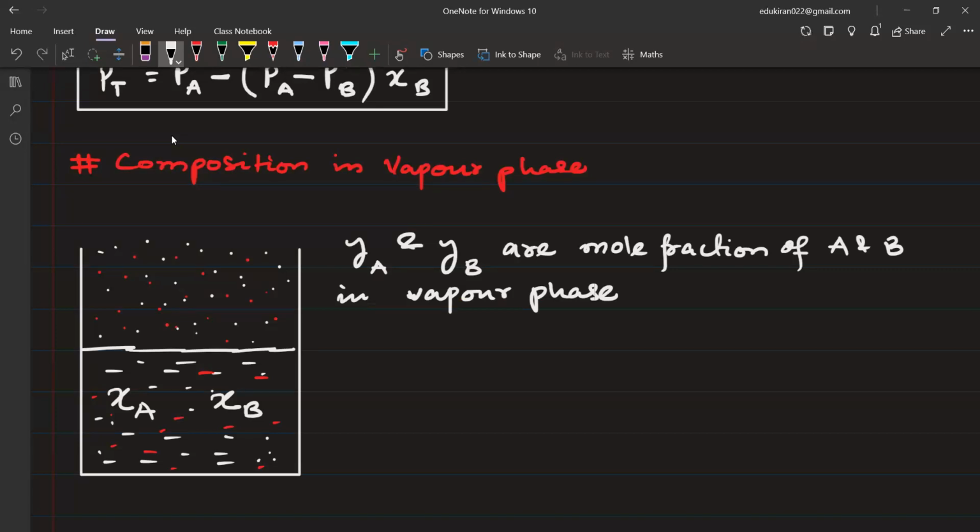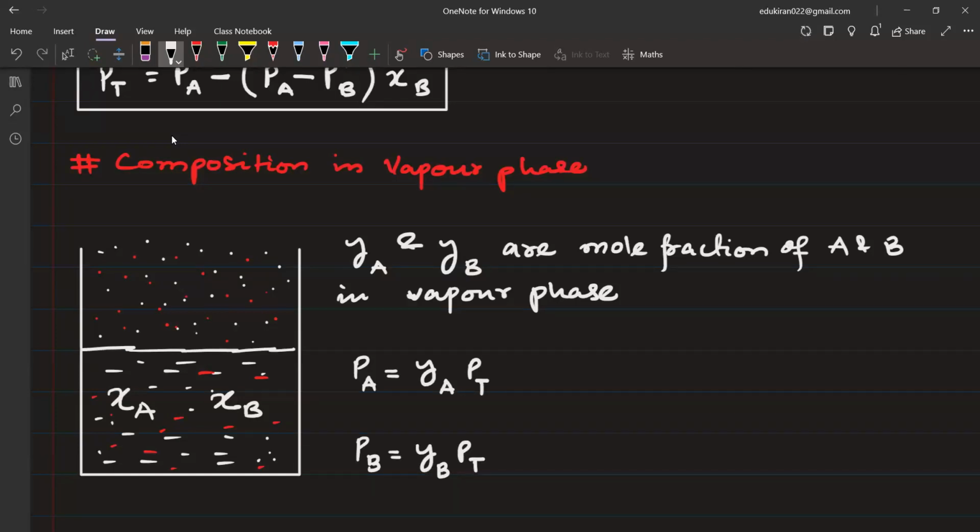Next, the partial pressure of A will be equal to the mole fraction of A in the vapor phase multiplied by the total pressure, according to Dalton's law of partial pressure. And Pb will be equal to the mole fraction of B in the vapor phase multiplied by P total.